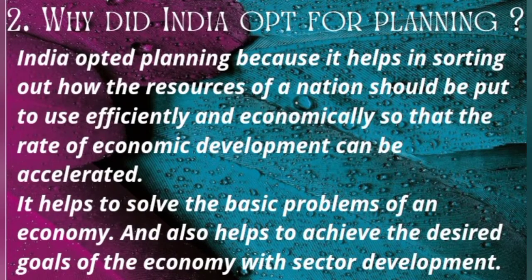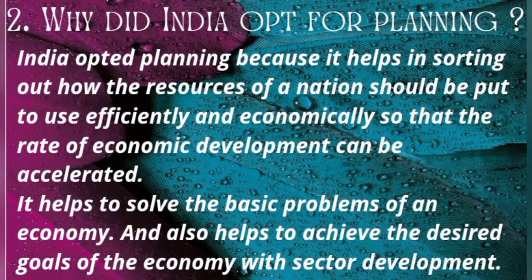Second question, why did India opt for planning? India opted for planning because it helps in sorting out how the resources of a nation should be put to use efficiently and economically so that the rate of economic development can be accelerated. It helps to solve the basic problems of an economy and also helps to achieve the desired goals of the economy with sector development.